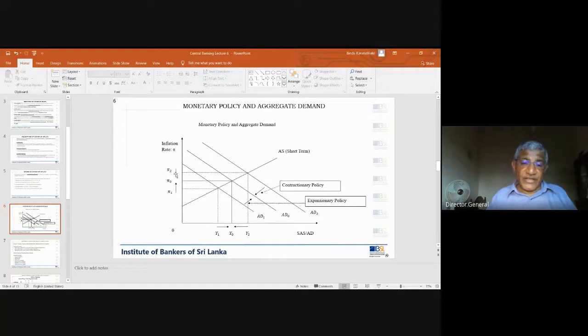Okay, then follow me very carefully. If this inflation rate was the inflation rate that the central bank thought as comfortable, let's say 2%, what has happened? Because of this expansion, it can go to 5%. Let's say 5%. You can mark it here, 5%.